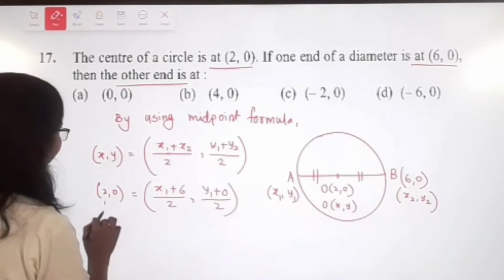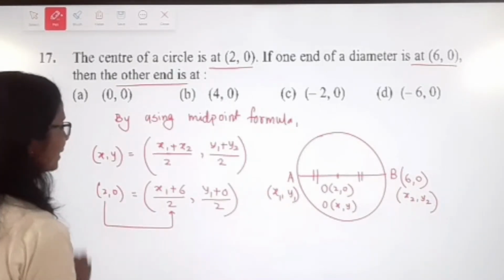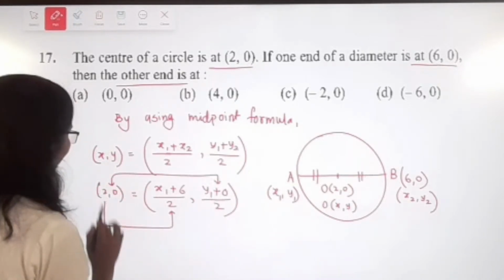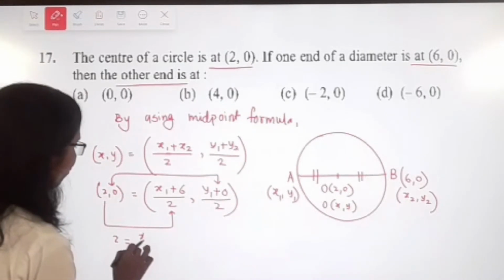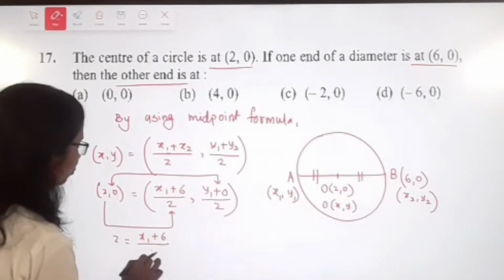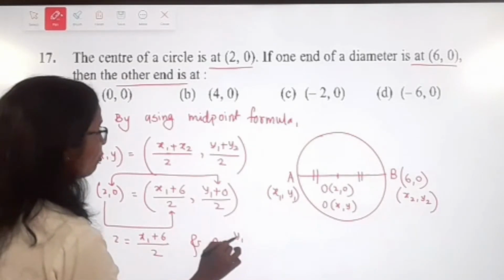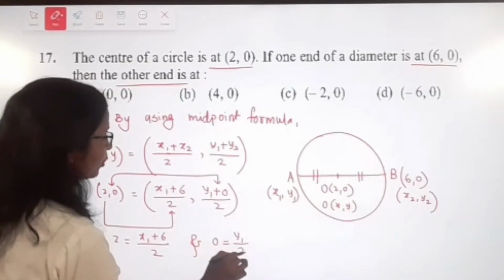So how can we equate? 2 is equal to this one, and the value 0 is for the y coordinate. So 2 is equal to (x1 + 6)/2, and 0 is equal to (y1 + 0)/2, that means y1/2.